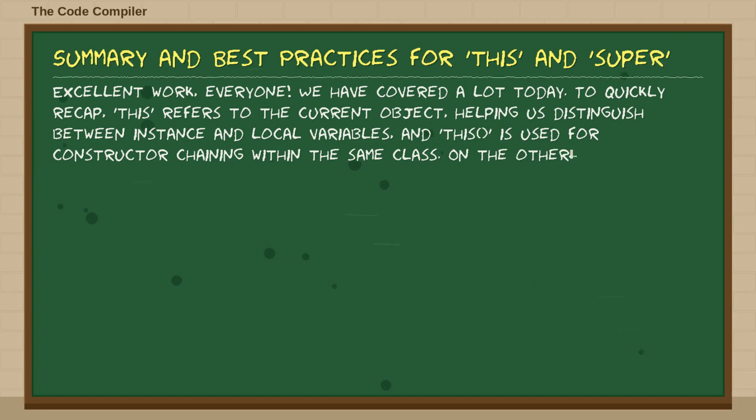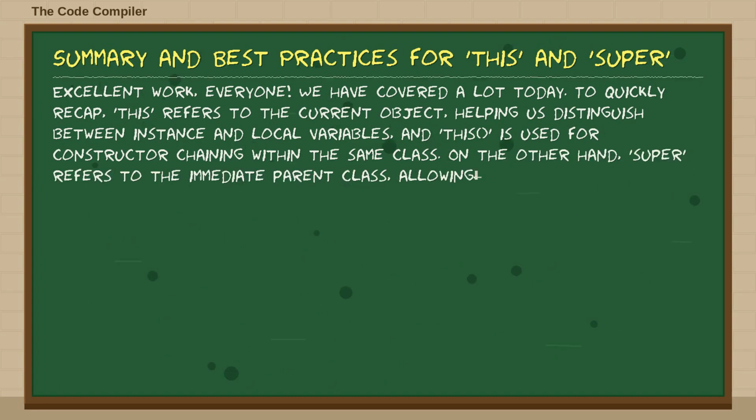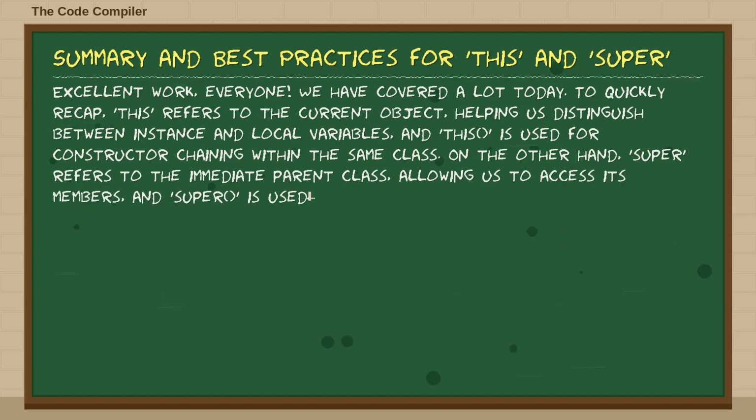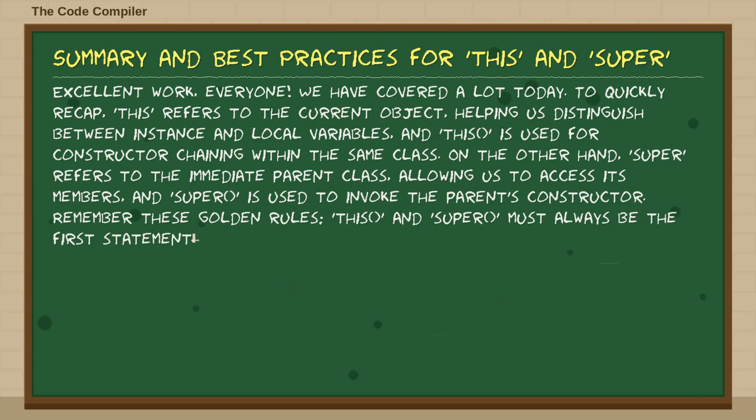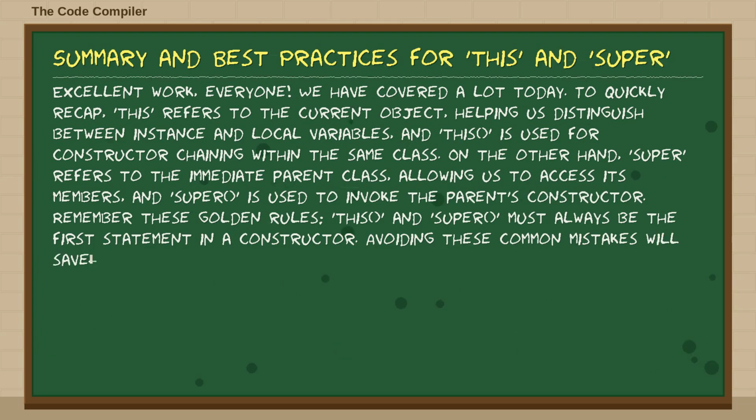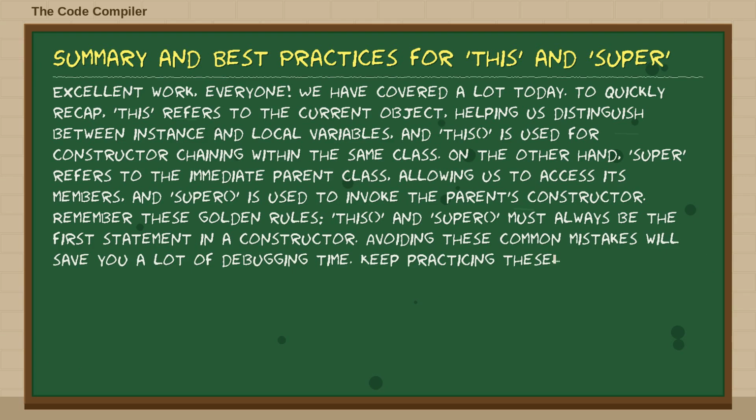On the other hand, super refers to the immediate parent class, allowing us to access its members, and super() is used to invoke the parent's constructor. Remember these golden rules: this() and super() must always be the first statement in a constructor. Avoiding these common mistakes will save you a lot of debugging time.